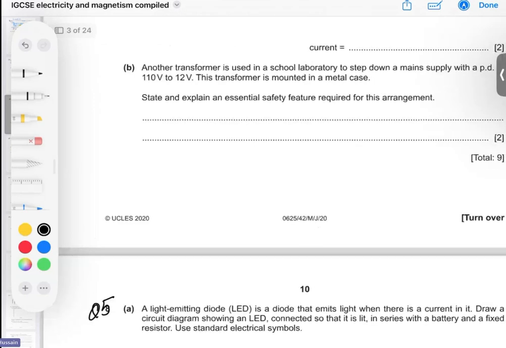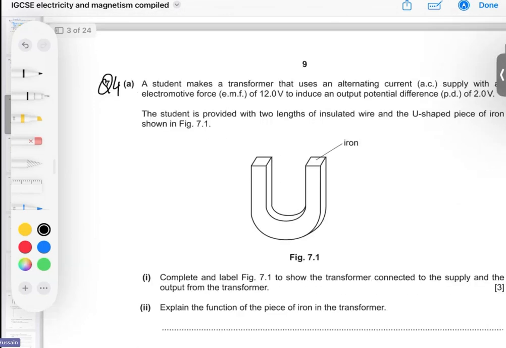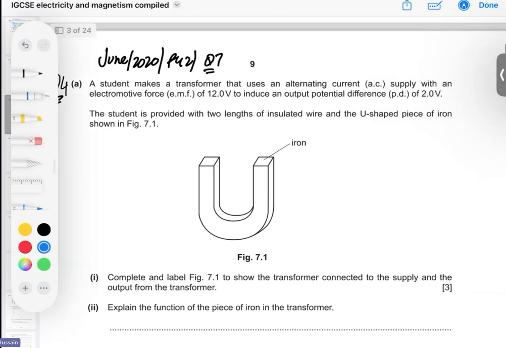and this is June 2020, paper 42, question 7. In my worksheet, it's number 4, but in the actual paper, it's question number 7. The question says that a student makes a transformer that uses an alternating current supply with an electromotive force of 12 volts to induce an output potential difference of 2.0 volts.